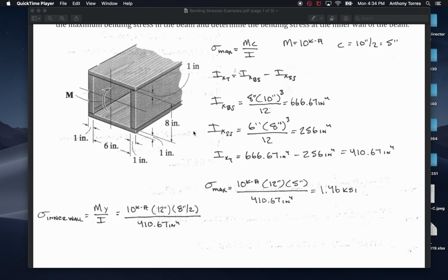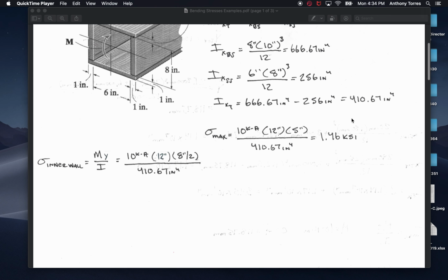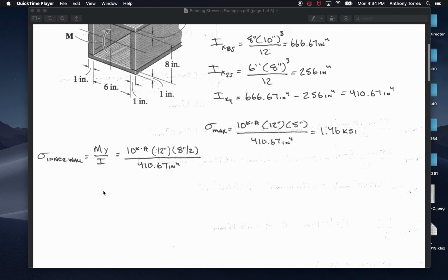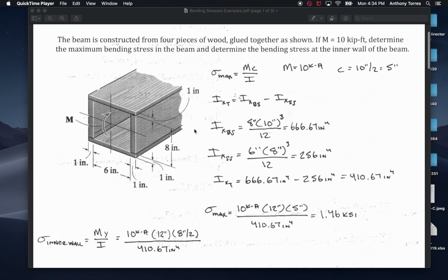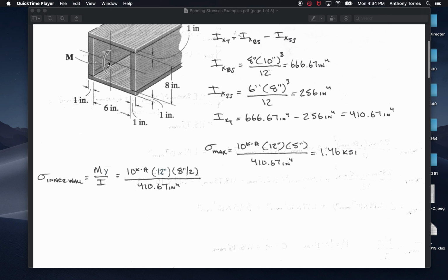Well, it's going to be real close to the 1.46, but we want to know exactly what it is. So we're going to use the My over I equation, which is just, we still use the 10 kip feet. We need to put that into 12 inches. Well, the distance from here to there, it's 8 inches, the total distance.